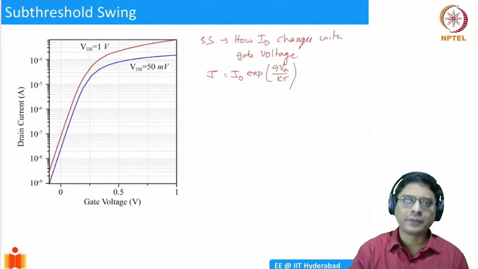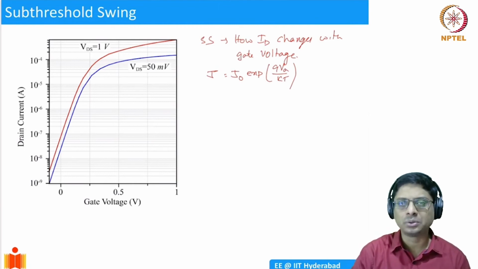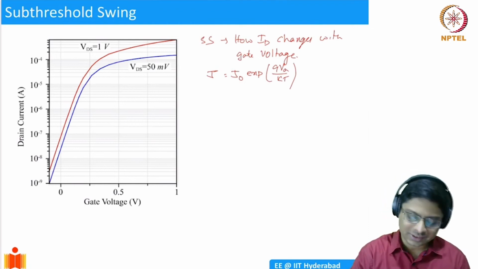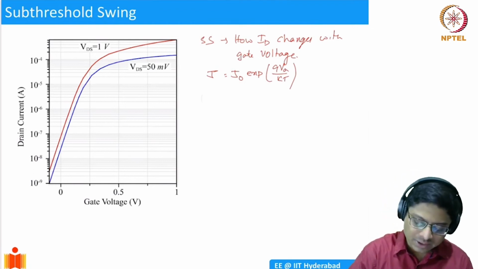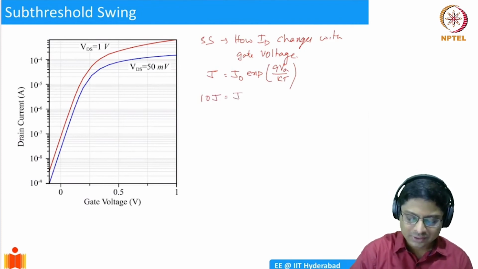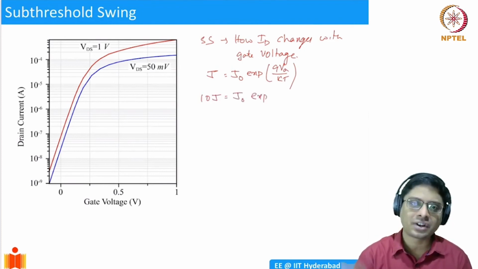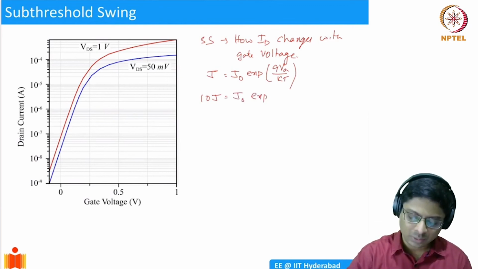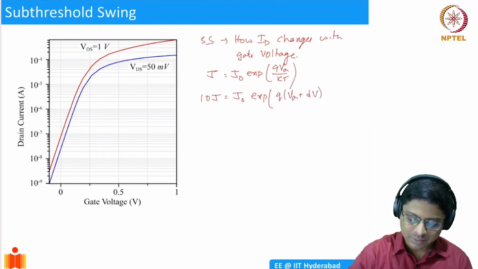Now we want to understand how much gate voltage change we have to do to get 1 decade change in the current. For example, I want to make my current to be 10 times J. If I want to get this, how much extra delta V should I apply to my gate? So I'll say QVA plus delta V by KT.